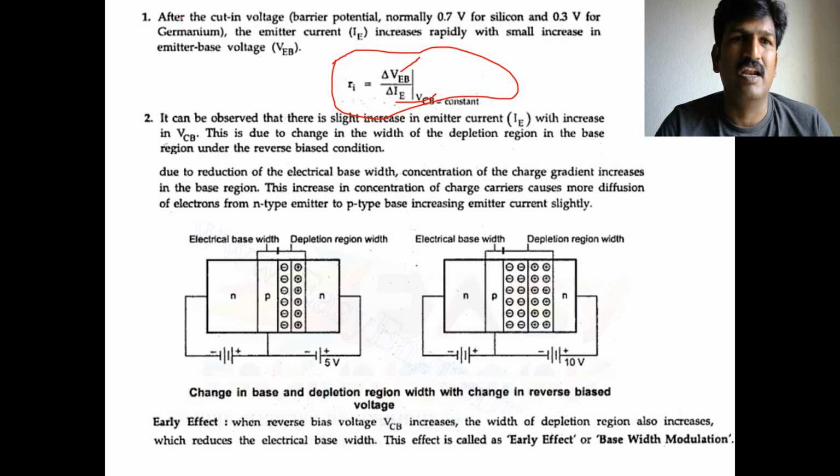You should understand that the cut-in voltage is also called the barrier potential. Normally a minimum of 0.7 volts must be applied to make the diode conduct for silicon material, and 0.3 volts for germanium material.